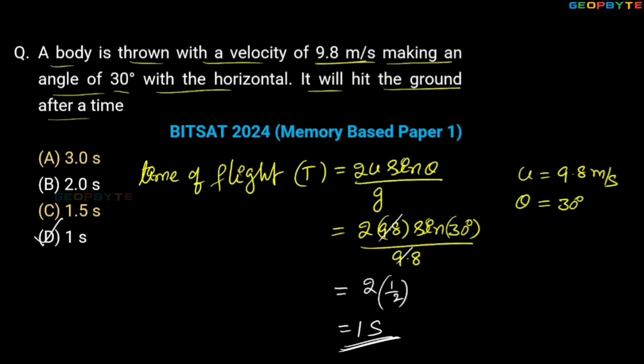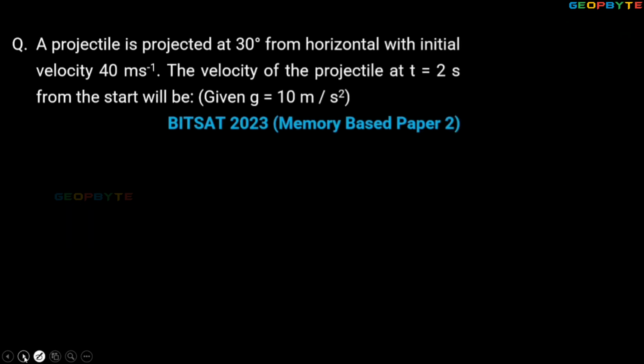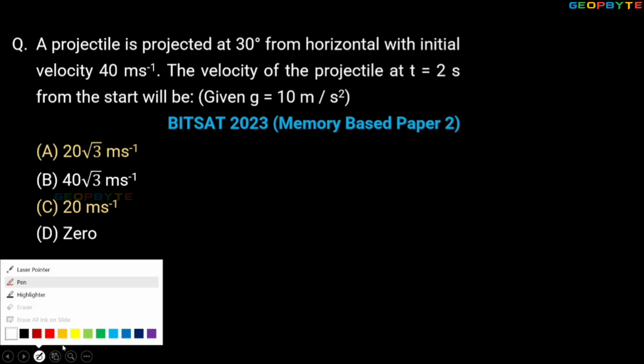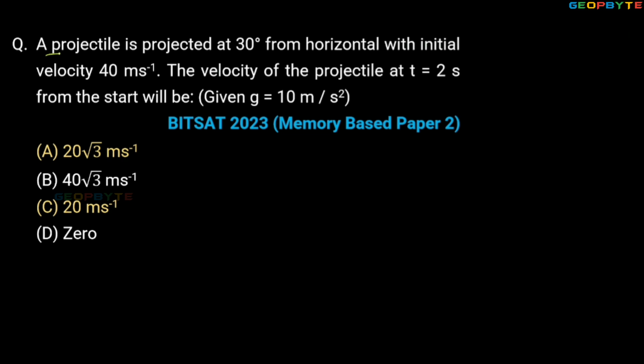Option D is absolutely correct. Understood clearly? Yes. Then let us take another important problem. Look at the problem asking like this. A projectile is projected at 30 degrees from the horizontal with initial velocity of 40 meter per second. Angle of projection theta is given 30 degrees. Initial velocity u is 40 meter per second.